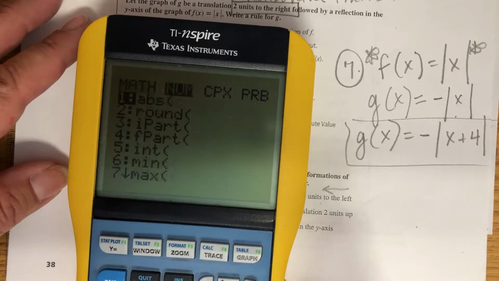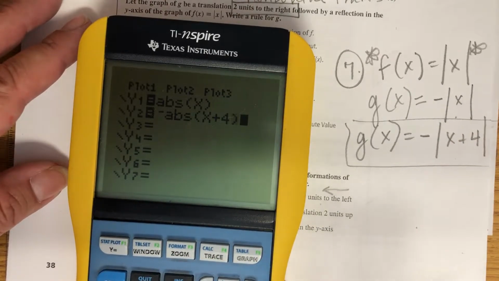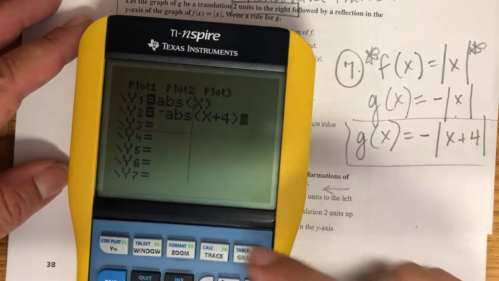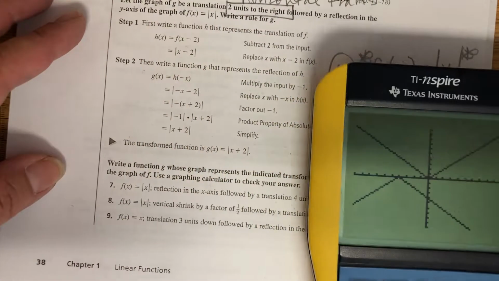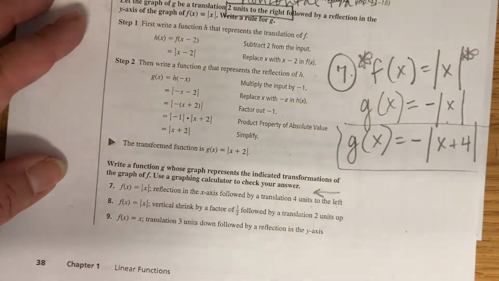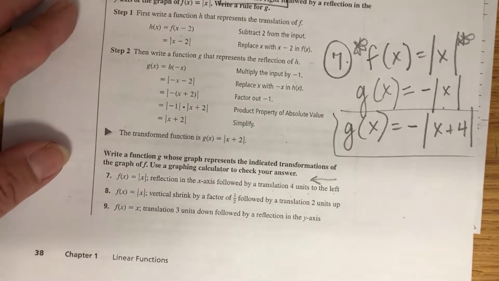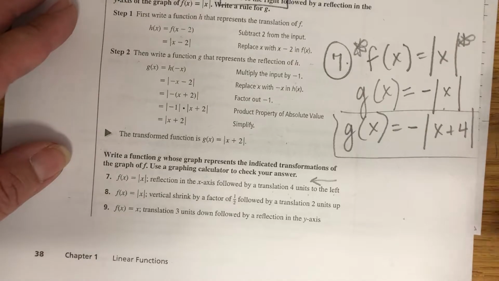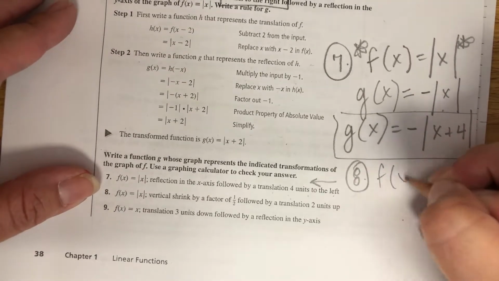The opposite of the absolute value of x, that +4 should be moving it left, that negative should be flipping it over. There's the parent, there's the flip and left, reflection over the x-axis, followed by a translation 4 units left. So my number 7, I've got g of x equals the opposite of the absolute value of the quantity x plus 4.